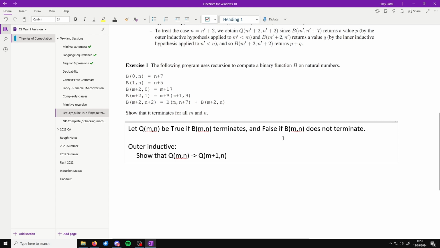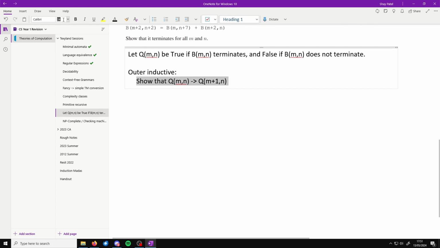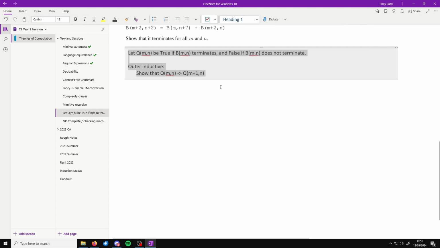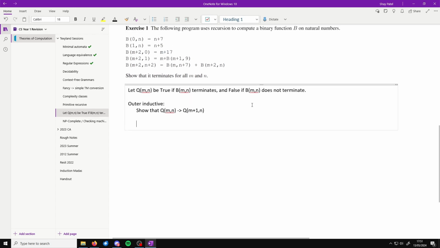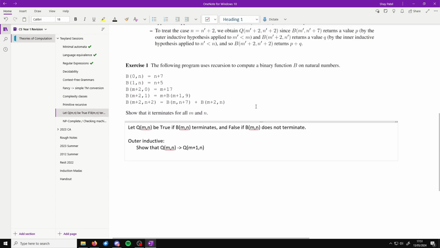Okay, let's just go ahead with this. Let's look at our base case and inductive step. We're told we want to use course of values, so let's change this to our basis. What's going to be our basis for this?